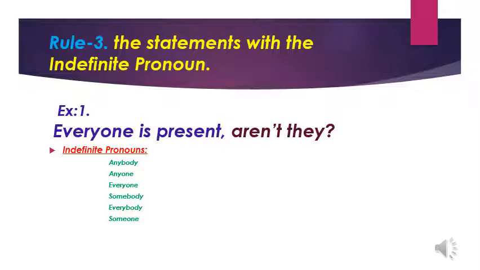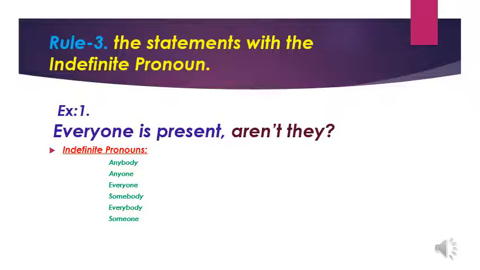For example, everyone is present. In this sentence, according to the rule, we have to take the plural verb based upon the tense given in the statement. This is indicating present tense. So, I am taking the plural form of the present verb, that is are, and this is a positive statement.